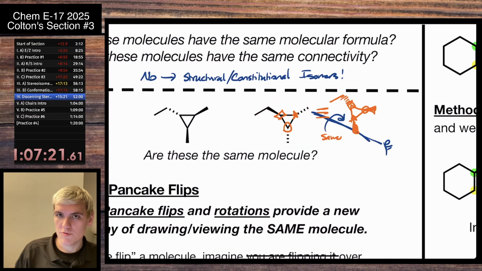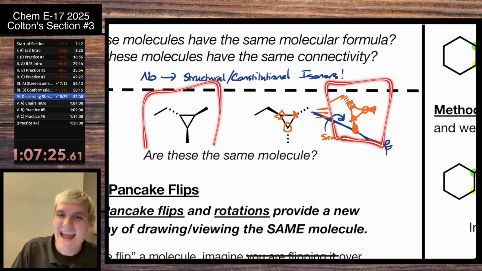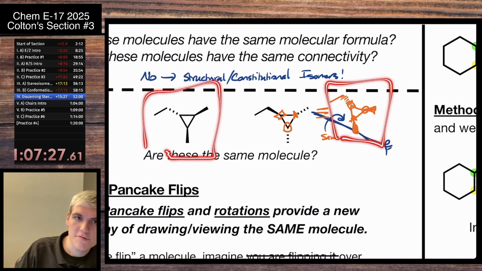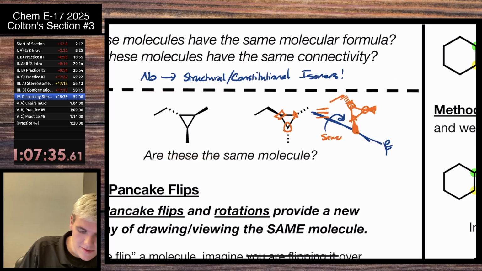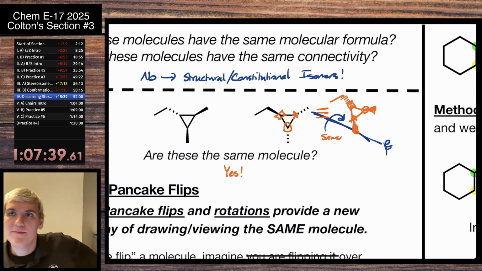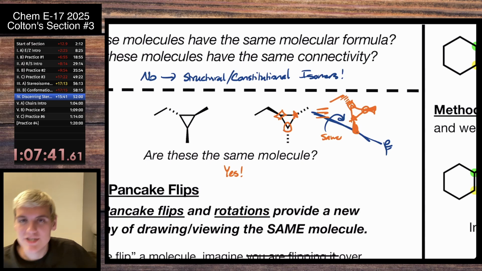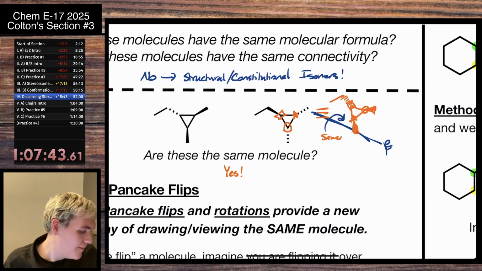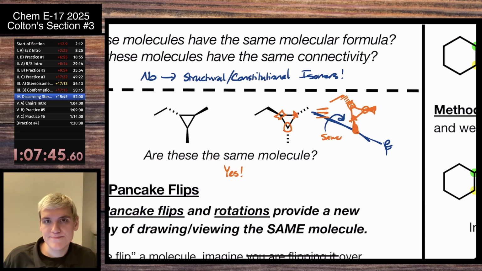And now that we've redrawn it this way, we can see, oh, this is exactly the same as the left original molecule that we had, right? And so we know the relationship between these two molecules: they are the same. Are they the same molecule? Yes. And a pancake flip is going to be your primary tool to check if things are the same, to redraw them in a new way and compare.